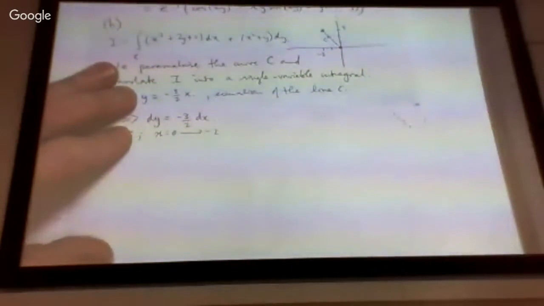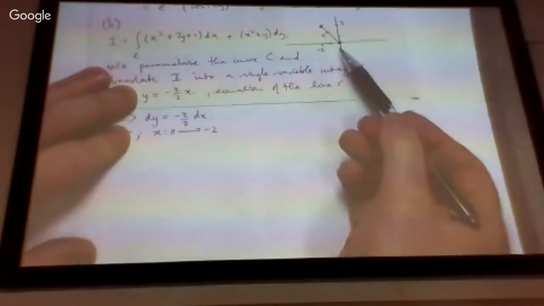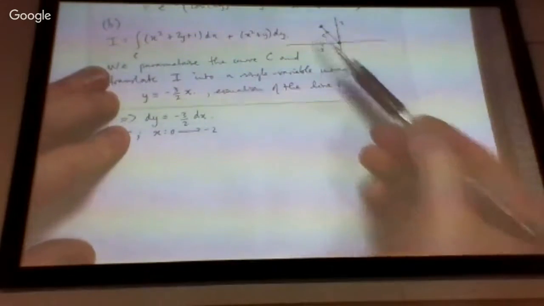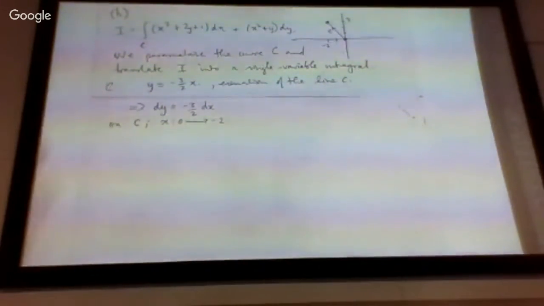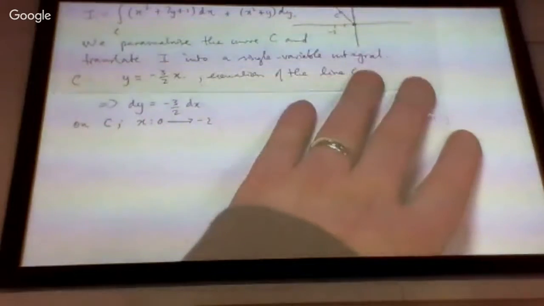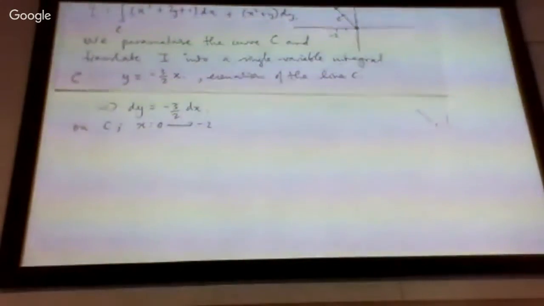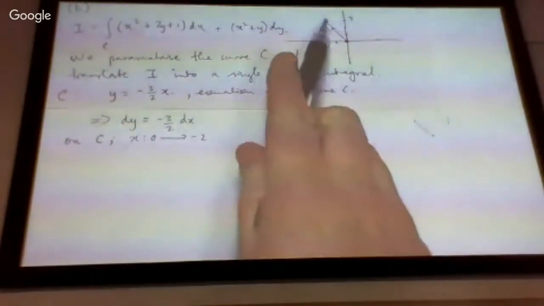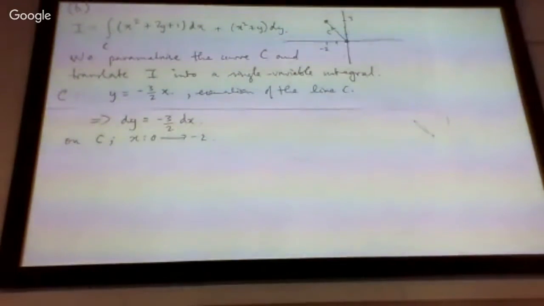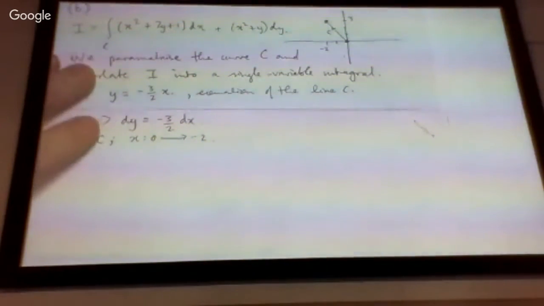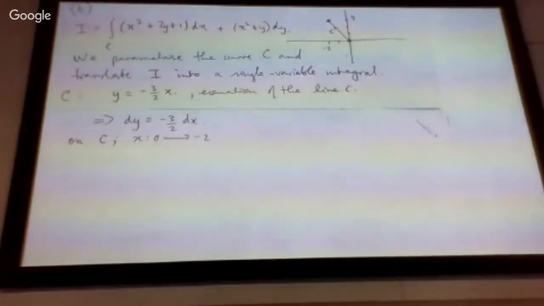So starting at 0 and descending to minus 2 is consistent with the direction going from the origin to the point. If we had it going from minus 2 up to 0, that would be the curve going from the point to the origin, which would give you the negative of what we're supposed to have. You might lose a mark or two if you didn't respect the specified direction. Okay, so that's the parameterization of the curve.